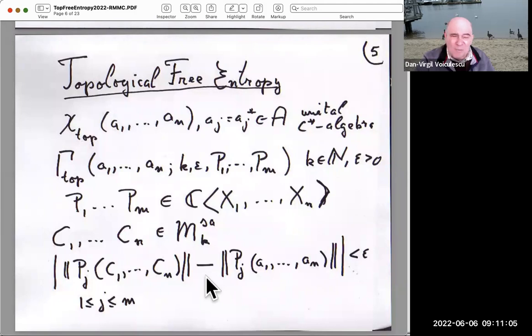I should make a comment here. One could do the same thing, instead of taking all polynomials, by taking matrices with polynomial entries. So one could fix, say, P by P matrices whose entries are polynomials, and then plug in C1, ..., Cn or A1, ..., An and put a degree of approximation.